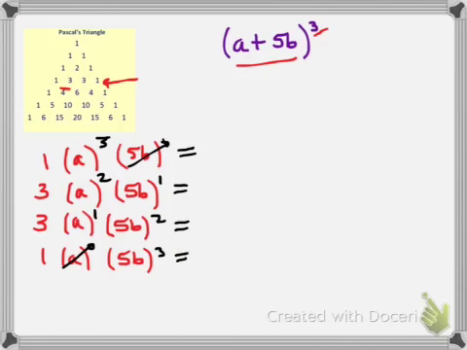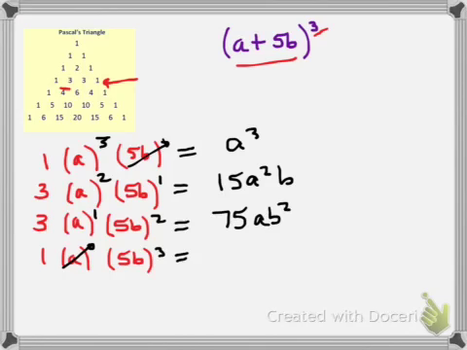In the first row, 1 times a to the 3rd is a to the 3rd power. The second row, that's a 3 times a squared times 5b to the 1st, which is 15a squared b. The third row, that's a 3 times a times 5b squared, which 5 squared is 25 times 3 is 75ab squared.